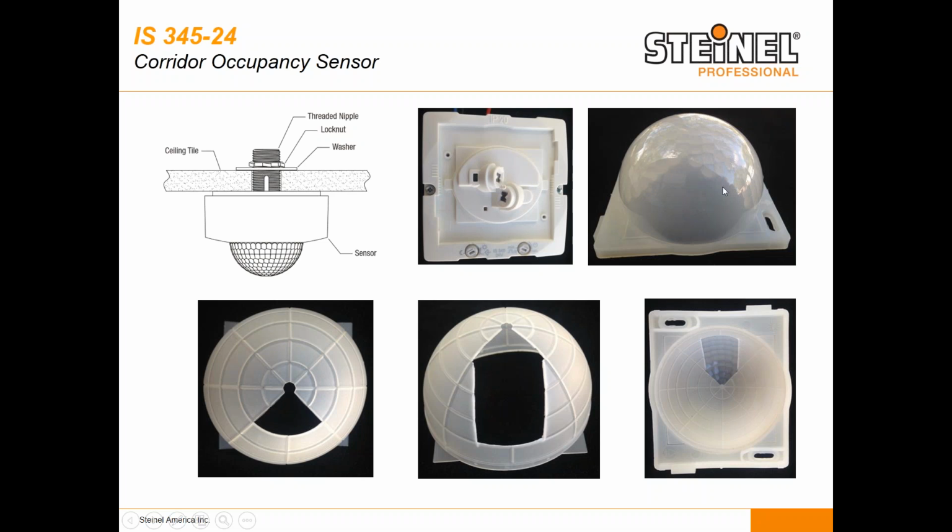And then this lens is also specifically designed for the aisle. You'll notice that part of it is cut away, and that's so that it won't have a view out into the other areas. And then it comes with a shroud. This shroud sits inside underneath the lens, so it's between the lens and the pyro whenever it's mounted.